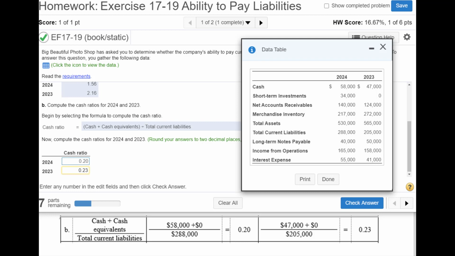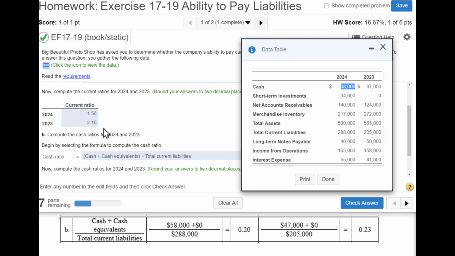So what this cash ratio is trying to do is trying to determine the company's ability to meet its short-term obligations. So basically it's trying to see our ability to pay our total current liabilities. What do we pay our total current liabilities with? It's with cash usually and cash equivalents.